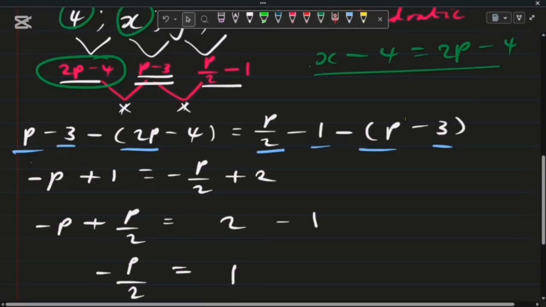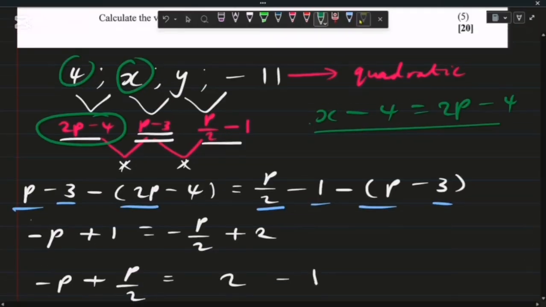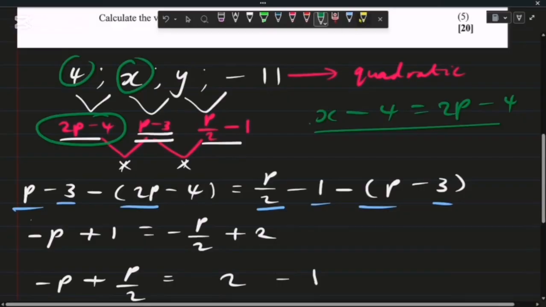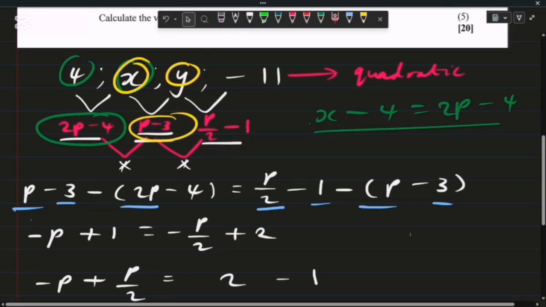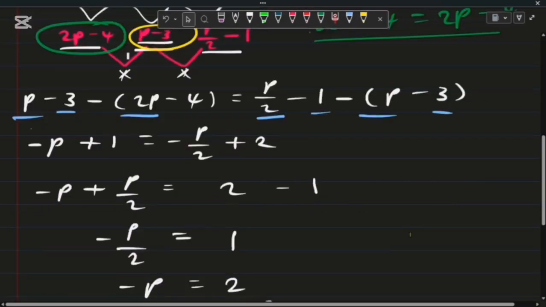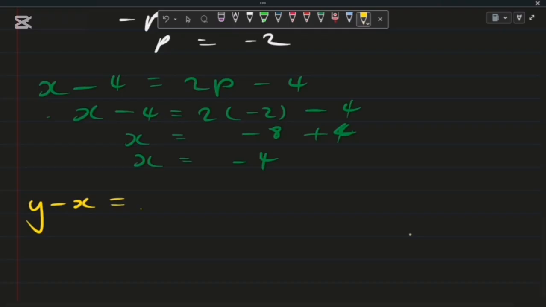What do we know? We know that y minus x is p minus 3. So y minus x is equal to p minus 3.